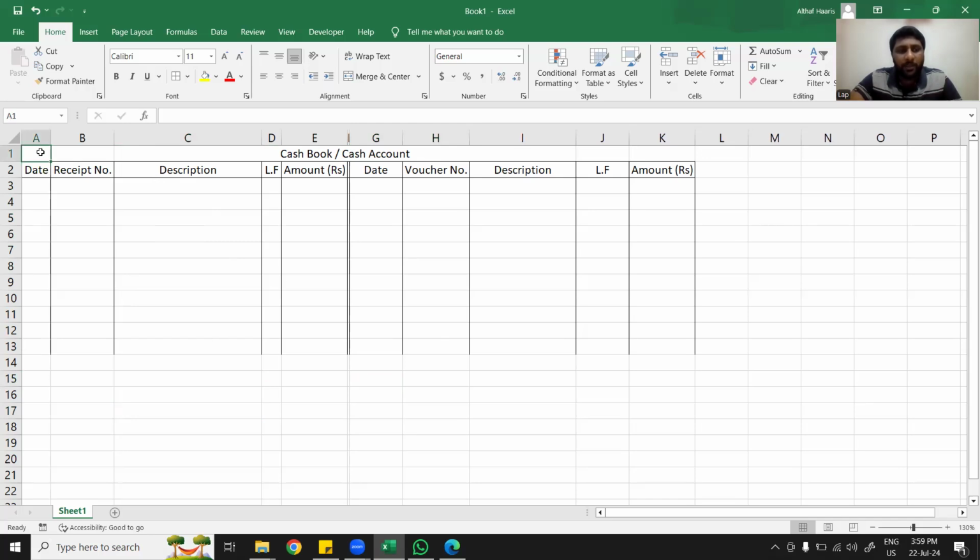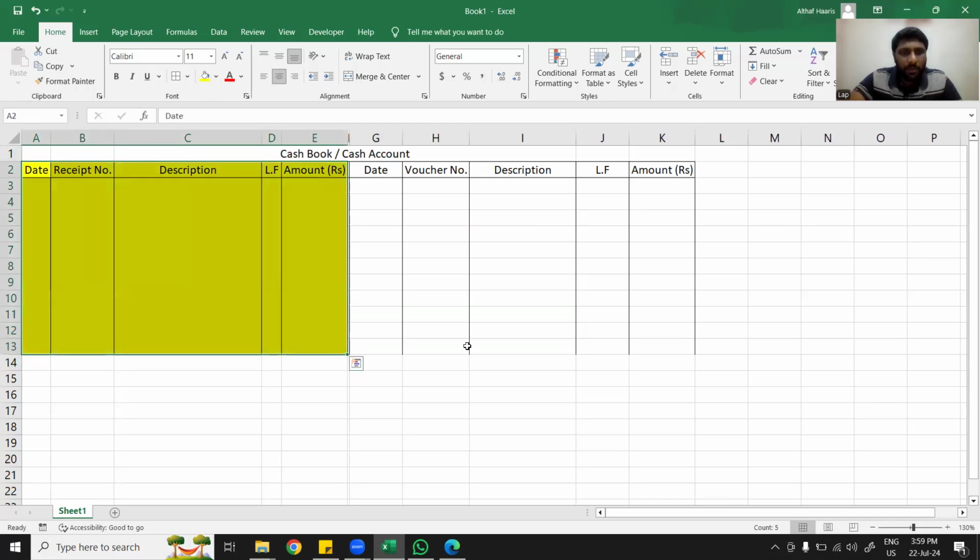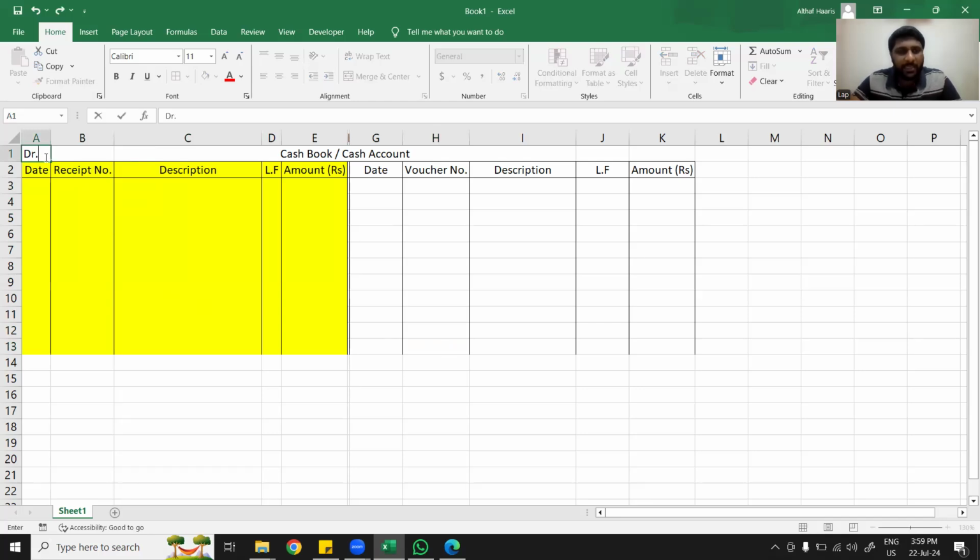So everyone tell me, this side, the yellow side, is it the debit side or the credit side? Debit side. The white side is the credit side.